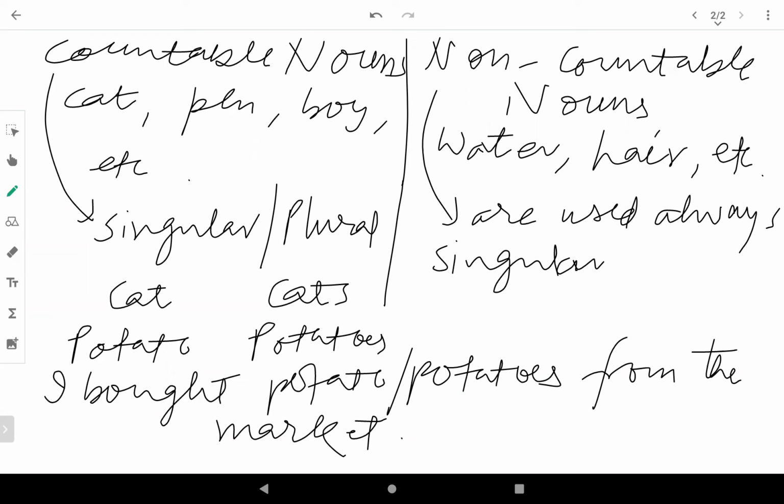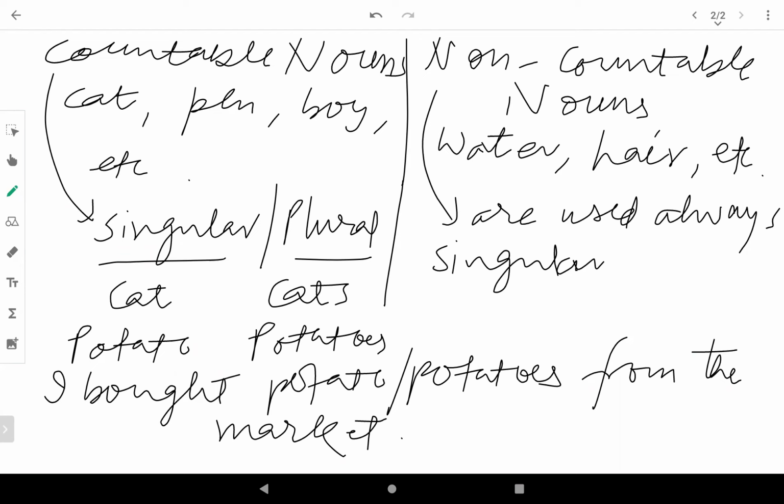Now, what you have to keep in your mind, it is not the countable noun or the non-countable noun that makes singular or plural. Like here, this is commonly used. Like if I say countable nouns are used as both singular as well as plural.